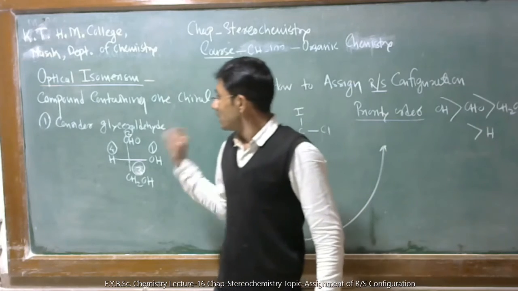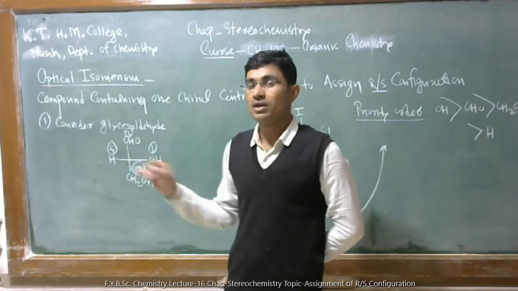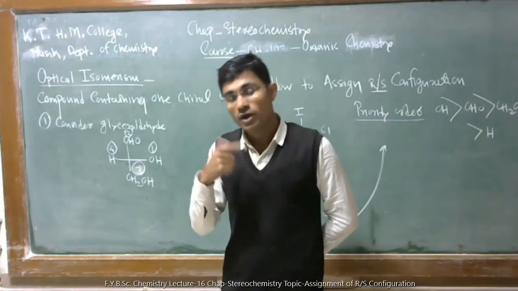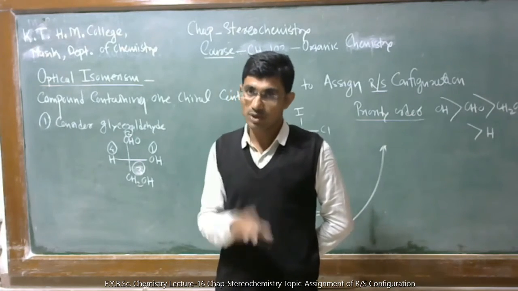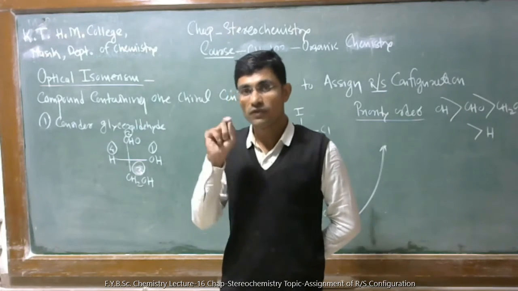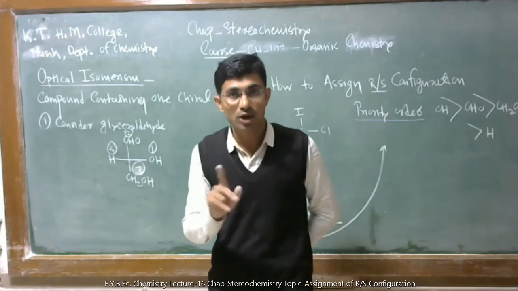So in the determination of RS configuration, the lowest priority group must be at the bottom. When it is not at the bottom, we have to rearrange the groups as follows. First we perform two exchanges. In the first exchange, we rearrange the groups so that the lowest priority group is at the bottom.